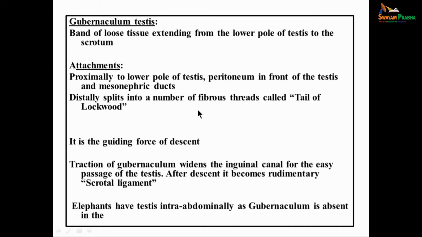Distally, it splits into a number of fibrous threads called the tail of Lockwood. It is sometimes referred to as the guiding force of descent. Traction of gubernaculum widens the inguinal canal for the easy passage of the testis through the canal. After descent, it becomes rudimentary and is called the scrotal ligament.